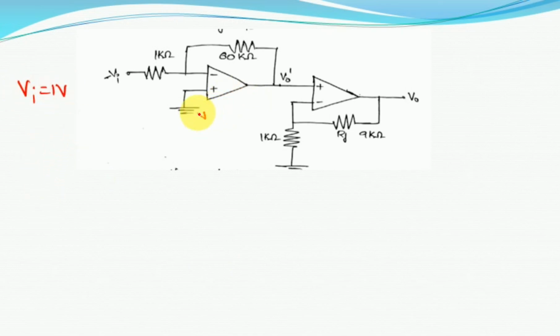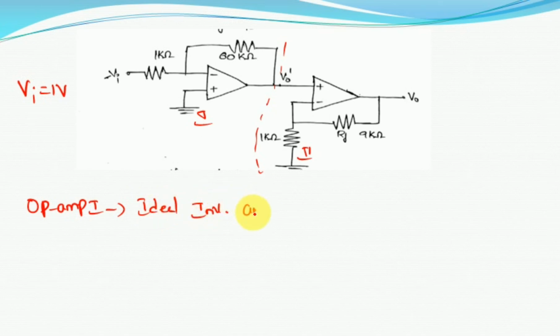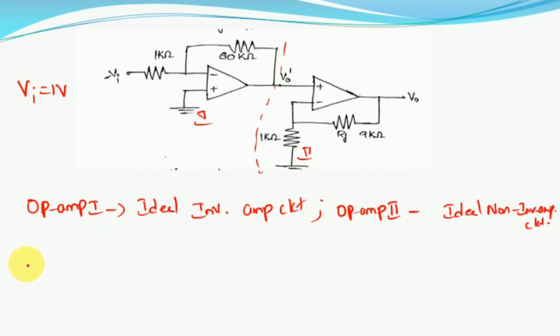Since the first part follows the inverting amplifier circuit, I can say that op-amp 1 follows an ideal inverting amplifier circuit, whereas op-amp 2 follows an ideal non-inverting amplifier circuit.